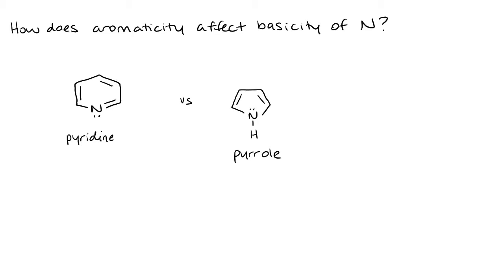So when comparing these 2 molecules, this lone pair is localized, meaning it doesn't participate in aromaticity. So that is going to make this lone pair more likely to be donated and the nitrogen in pyridine more basic. So pyridine itself is considered weakly basic.